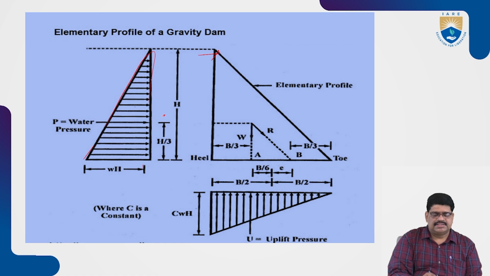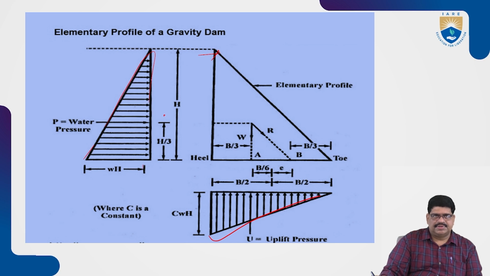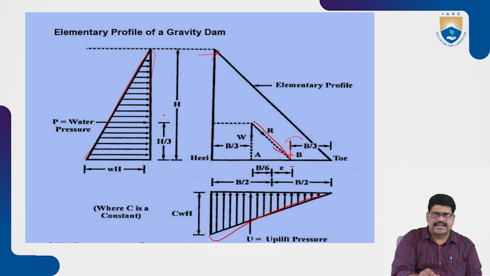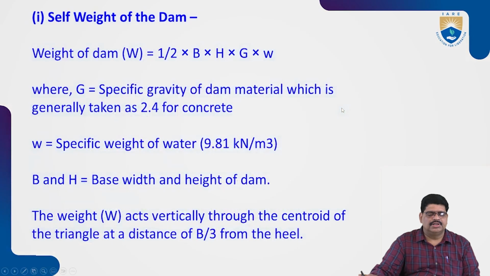This is the shear diagram showing the maximum shear, C W H, where C is the constant, and this is the basic profile. R is the resultant force acting on it. B is the base width, acting from the toe. From the heel, B by 3 is also affected. So this is the main portion.